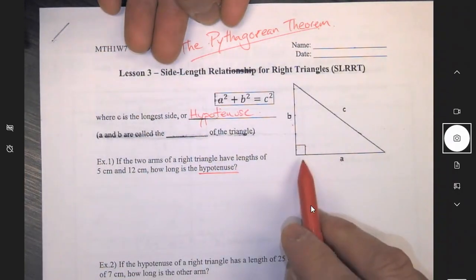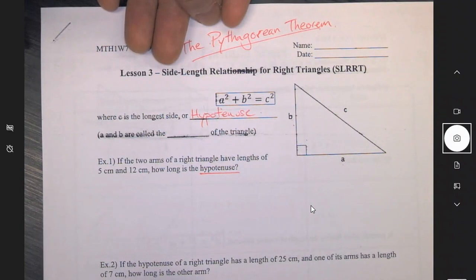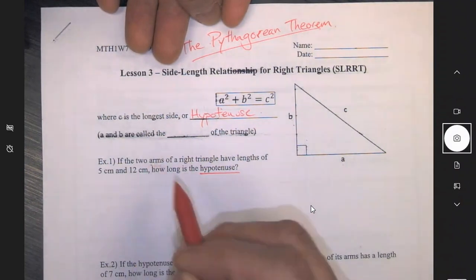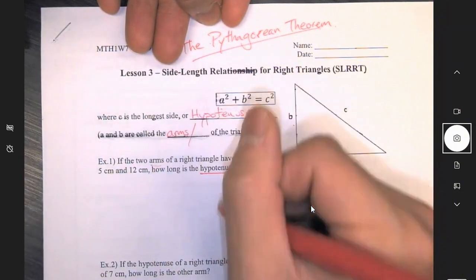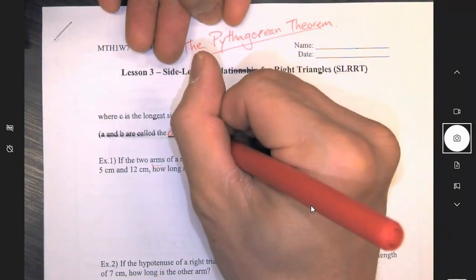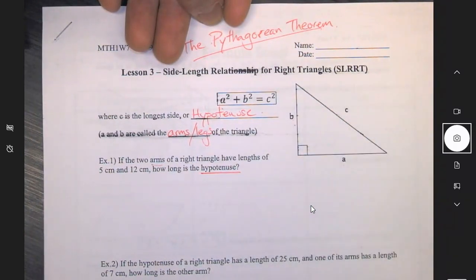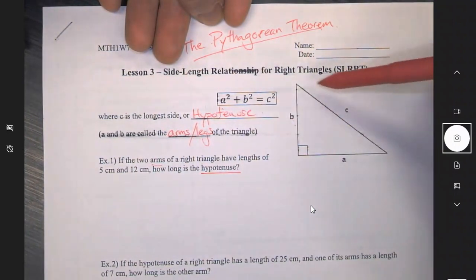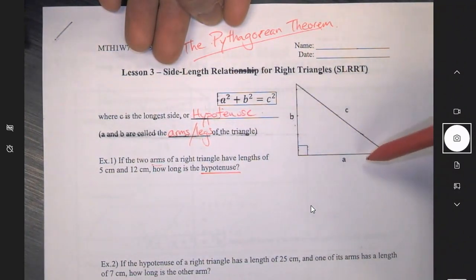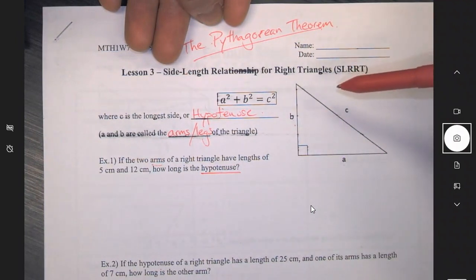And the shorter sides, a and b, different textbooks call them different things. On this handout, they call them arms of the triangle, but some textbooks call them legs, because they keep the triangle standing up. Essentially, using this formula, you can find the length of any missing side as long as you have two of them.